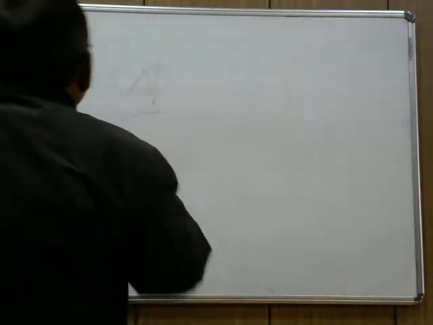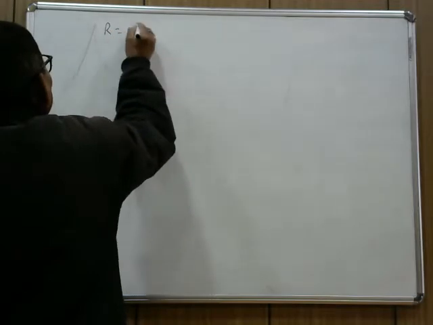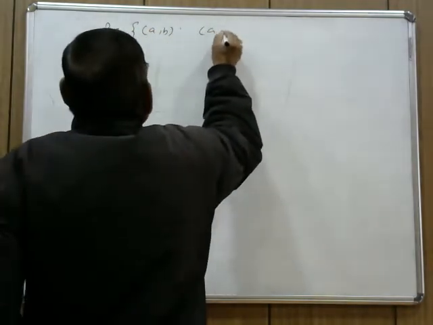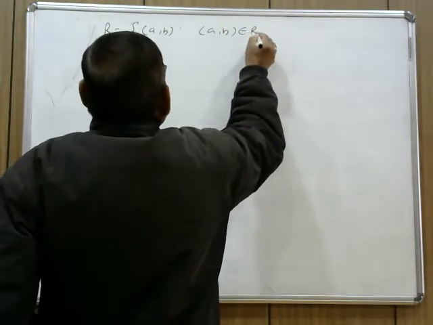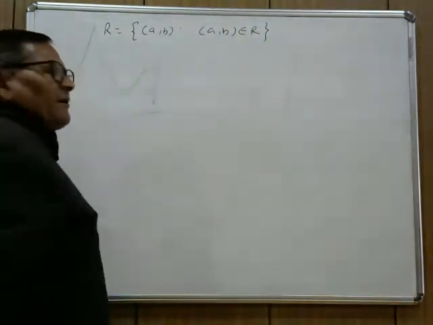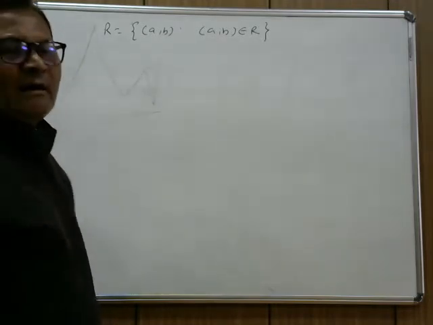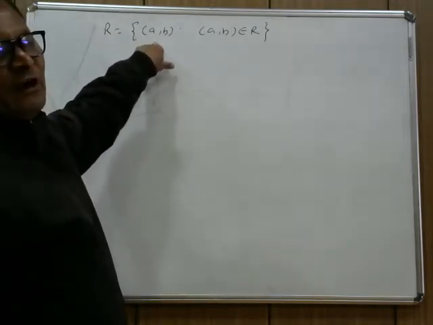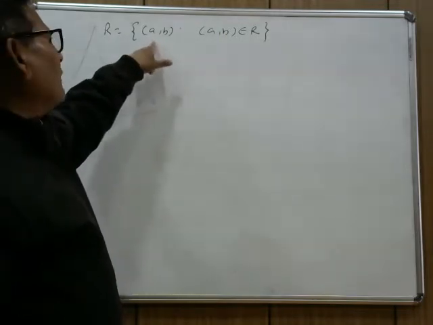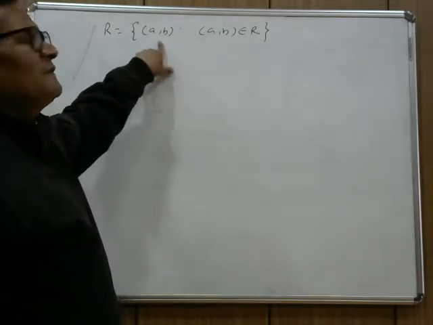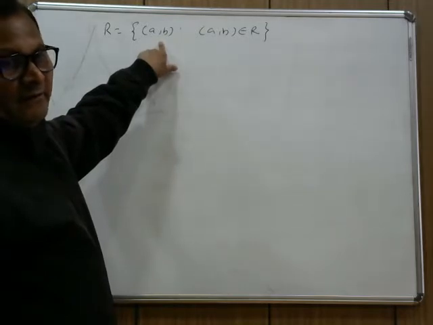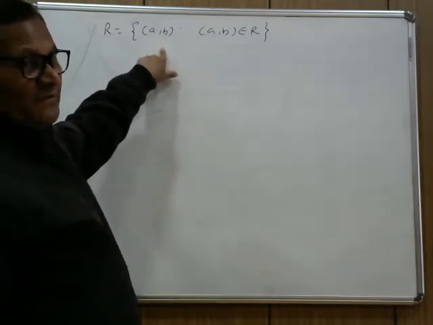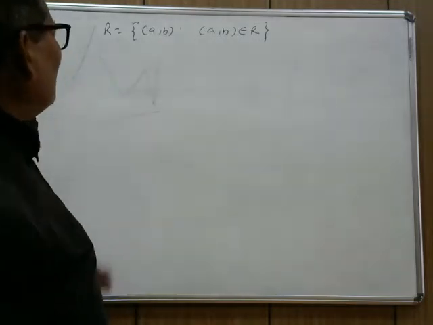A relation R is defined as an ordered pair (A, B) such that (A, B) belongs to R. The elements of this relation R are ordered pairs, because they are written in a specific order. Their relationship is fixed.